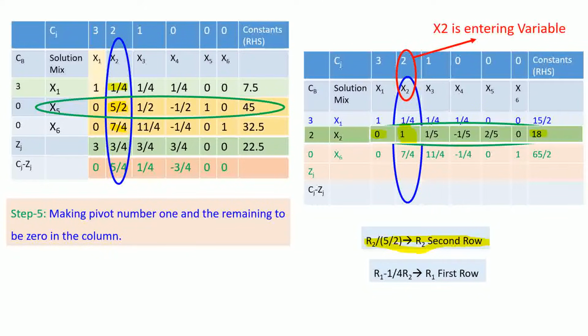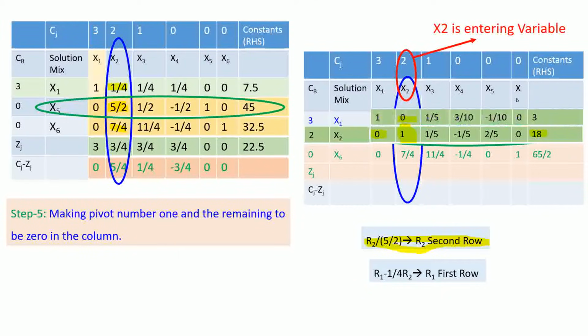So we have to operate R1 minus 1/4 R2. R1 minus 1/4 R2 becomes 0. Our objective is to make this value 0, and we get the value like this.